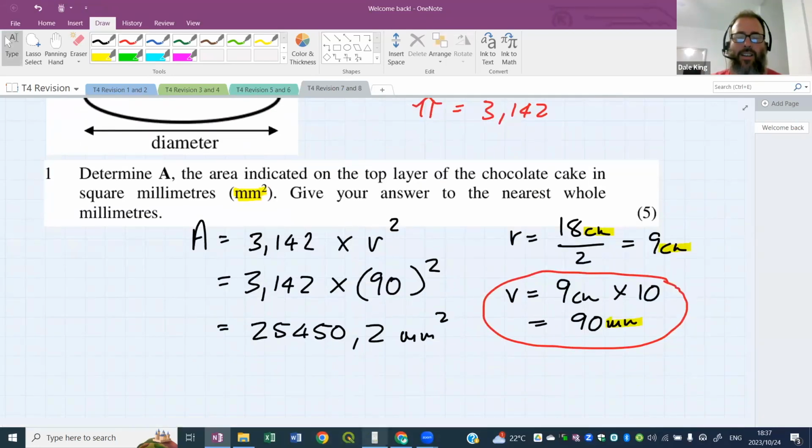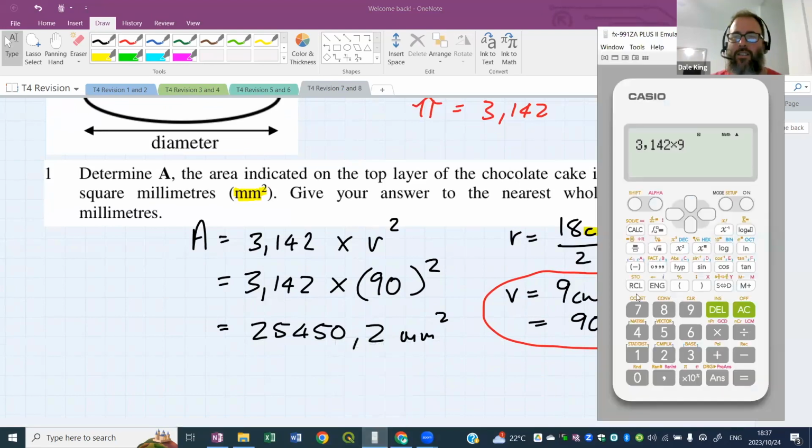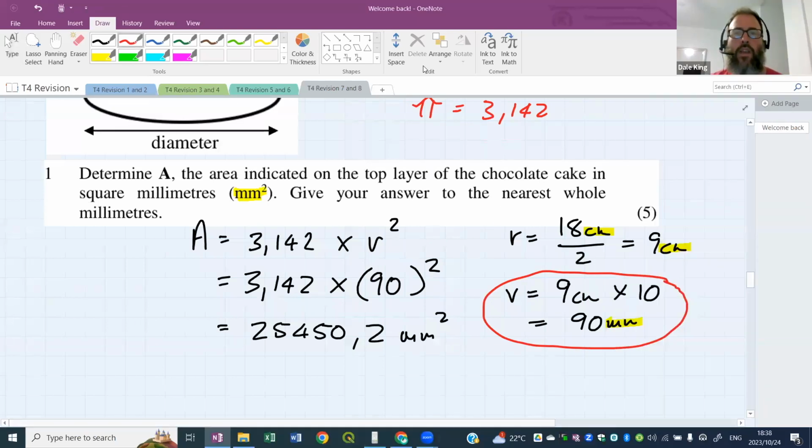That's where I went wrong. I said 9 multiplied by 2 instead of 9 to the power 2. That's okay. So we've got to say 90 on the calculator and then press this button, to the power of 2. Excellent. Peter, thank you very much for asking those questions.